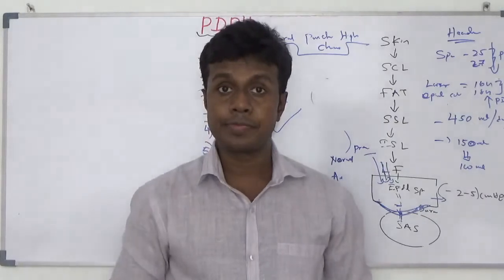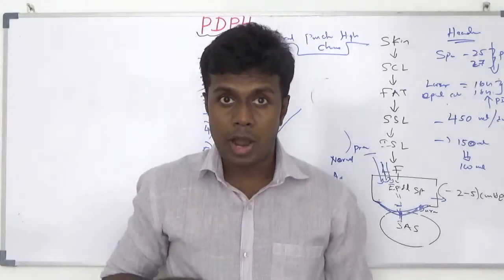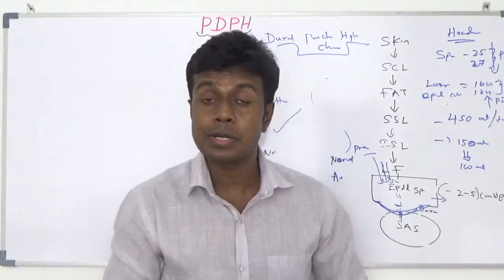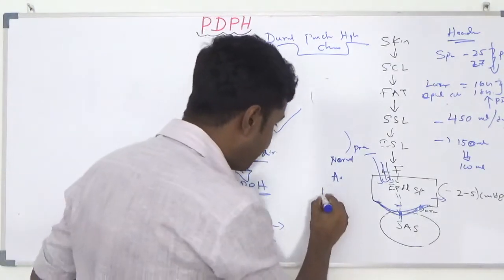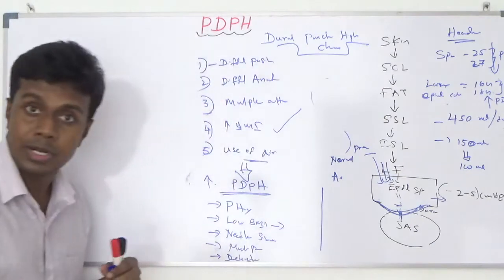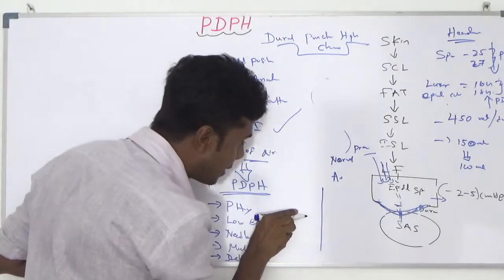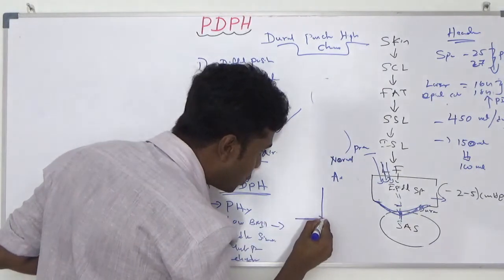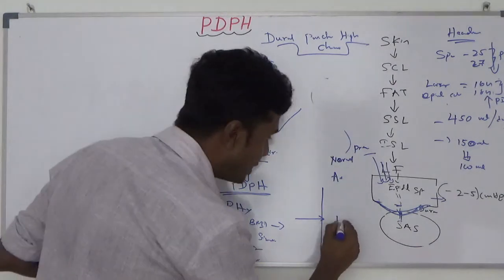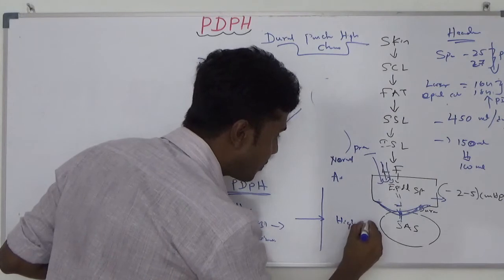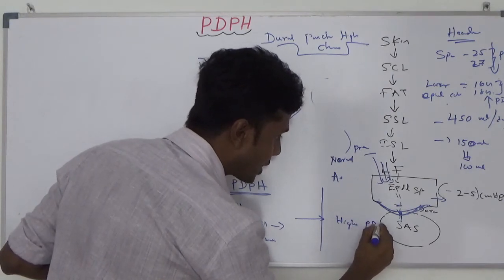Not only that, how you create the dural puncture also matters. I will explain. This is your dural layer. This is your needle. If you create a dural hole like this, they have a high chance of post-dural puncture headache.